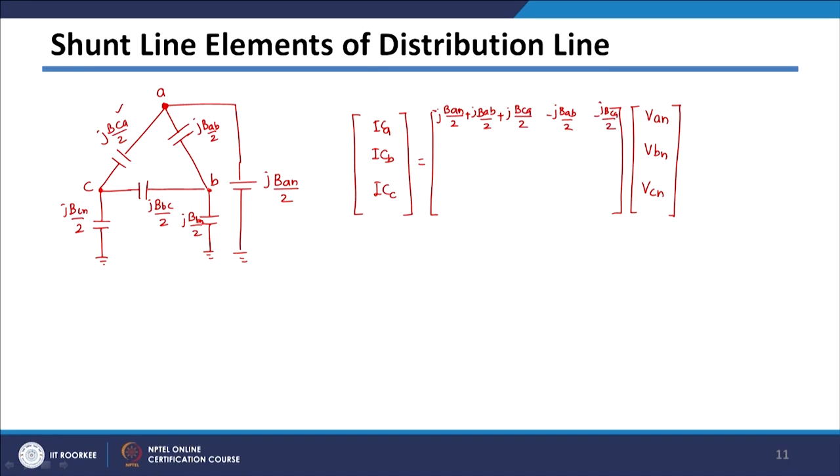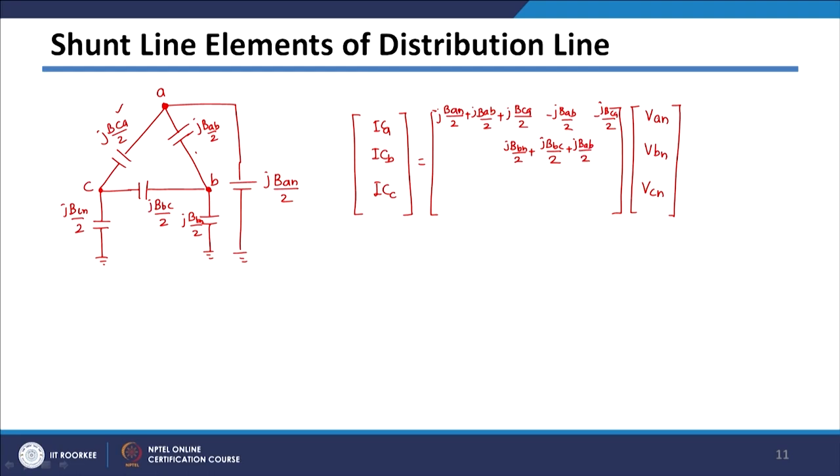Then if you write for this node B, there are 3 admittances connected. So, the diagonal element will be the addition of all 3 elements, that is jBBN divided by 2 plus jBBC divided by 2 plus jBAB by 2.